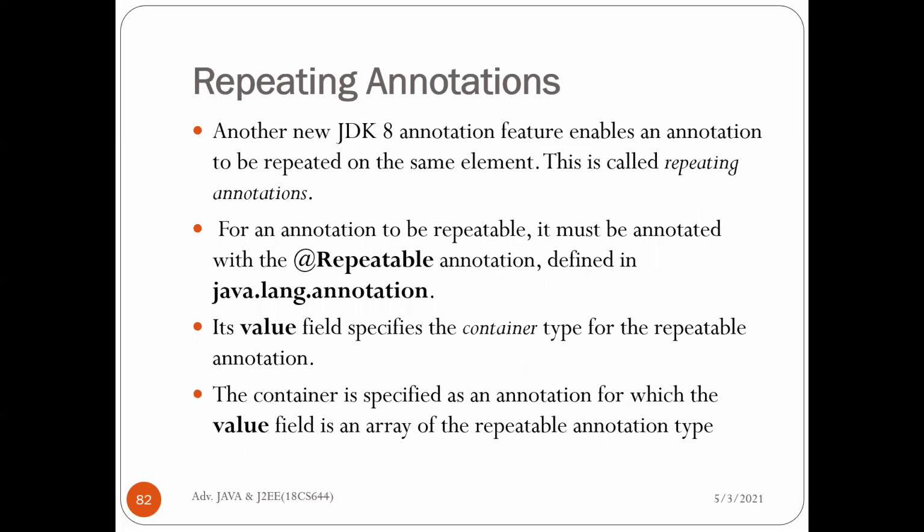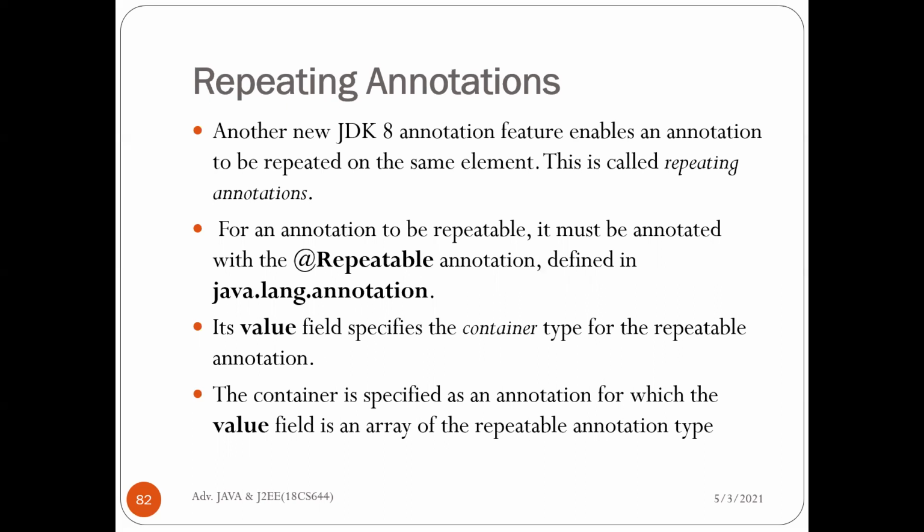Then another set we have, that is the repeating annotations. This is again present in JDK 8. This enables an annotation to be repeated on the same element. If you want to apply the same annotation multiple times on an element, then we can use a repeating annotation.